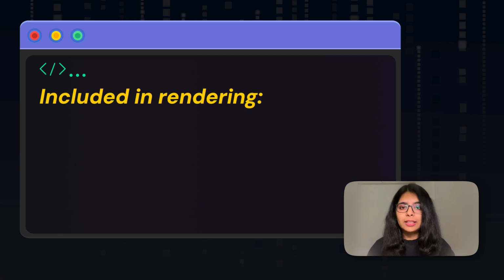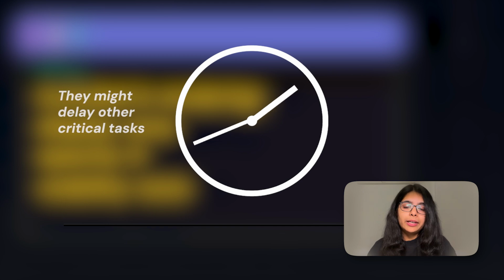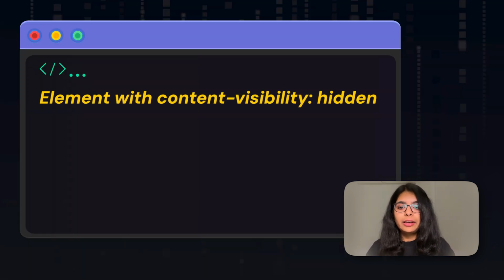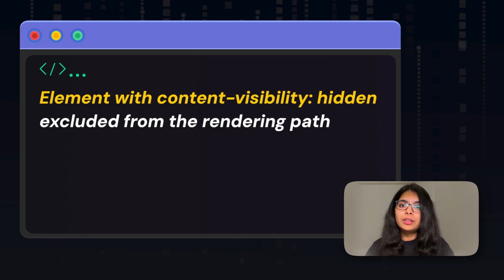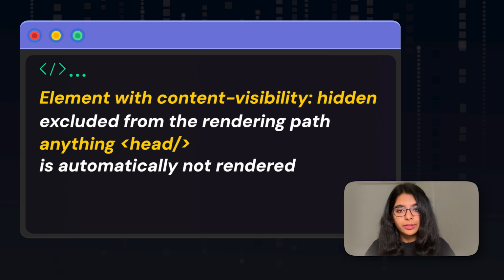If you add CSS properties like display none, opacity 0, or visibility hidden, those elements will still be included in the rendering, which means that if too many elements are given these CSS properties, they might delay other critical tasks. So we can add elements with content-visibility hidden so that they are excluded from the rendering path. Anything inside the head tag is automatically not rendered.